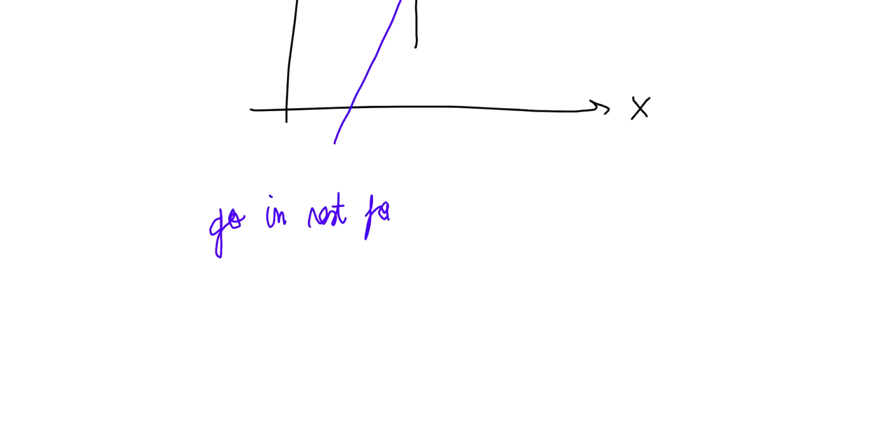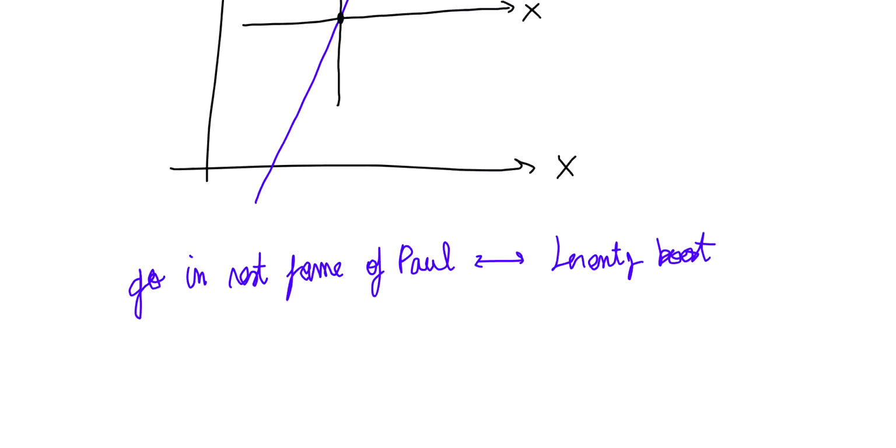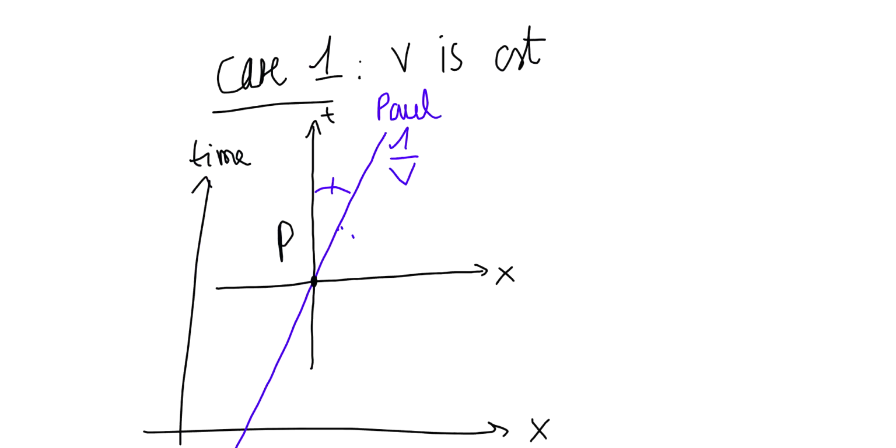We do this mathematically by applying a Lorentz boost, which is a rotation of space-time under which your line element ds squared is invariant.